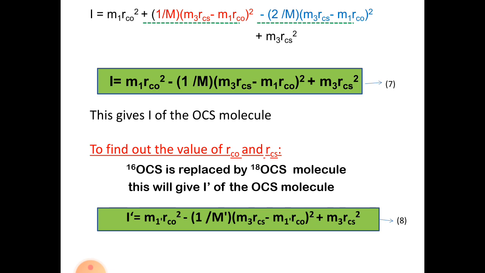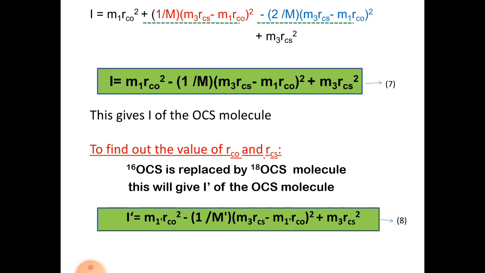Here M1, M2, M3 and M are known values and the bond lengths RCS and RCO are unknowns. To find out the values of RCO and RCS, isotopic substitution is needed. So, O16 is replaced by O18 in the OCS molecule.